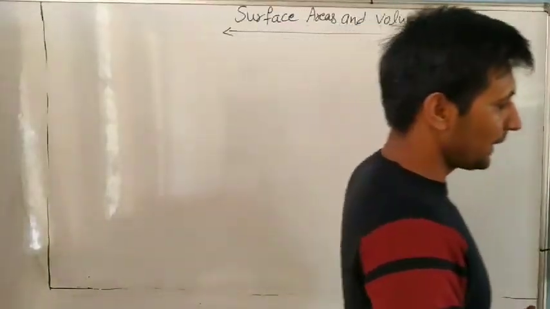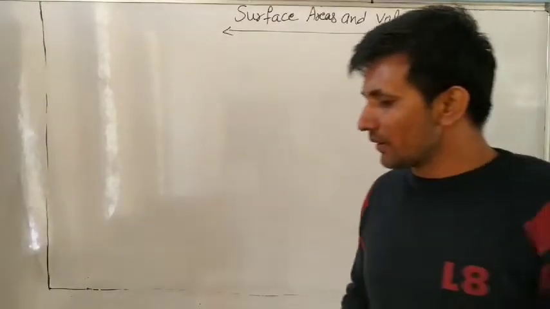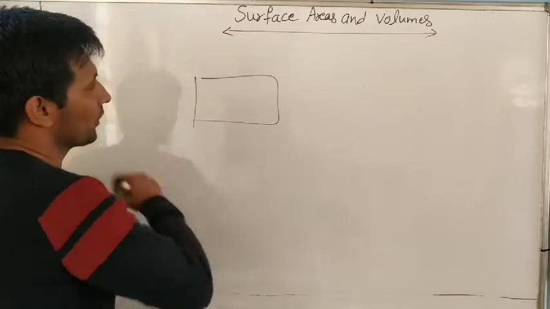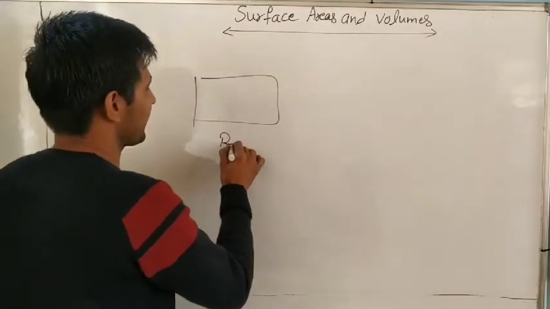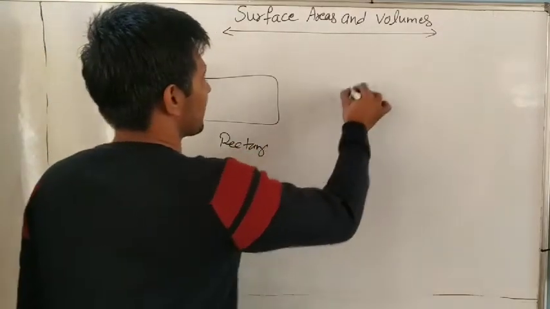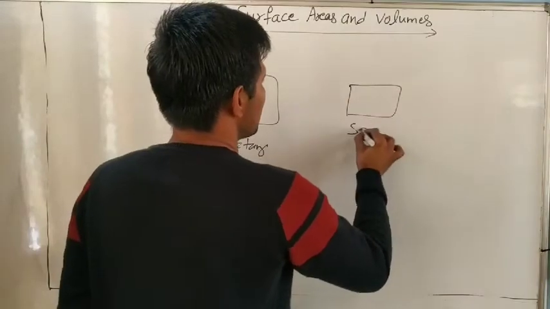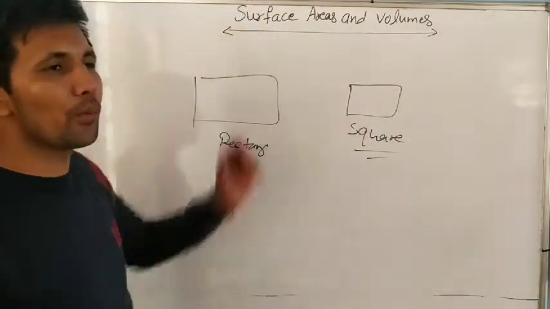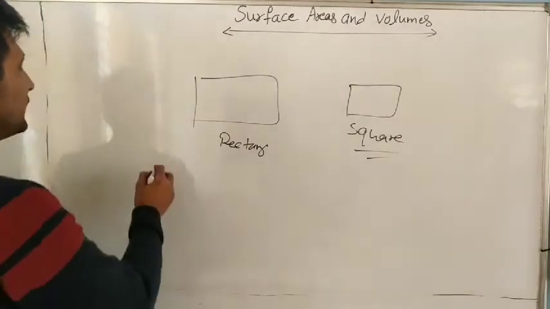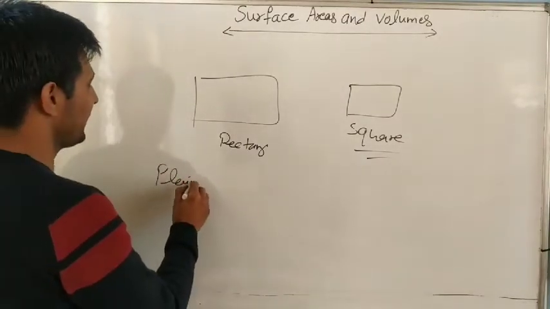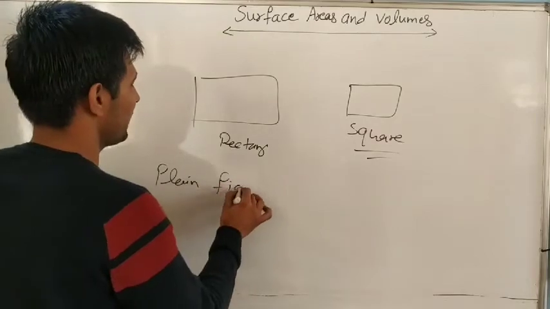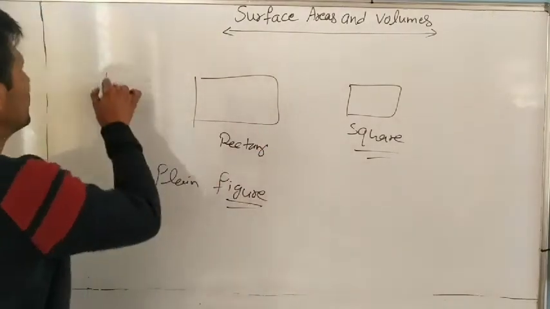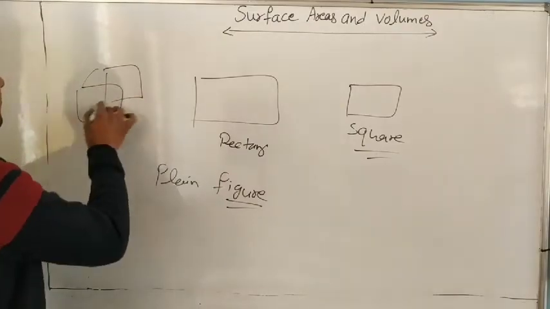But whenever we draw any figure on the board, it is called a rectangle, square, or any other figure, these are called plane figures.